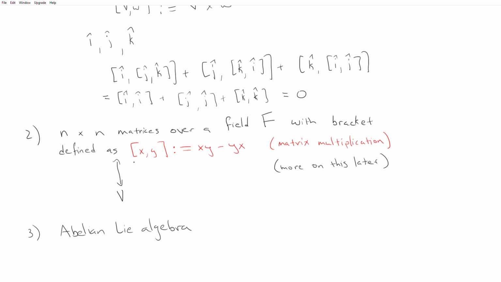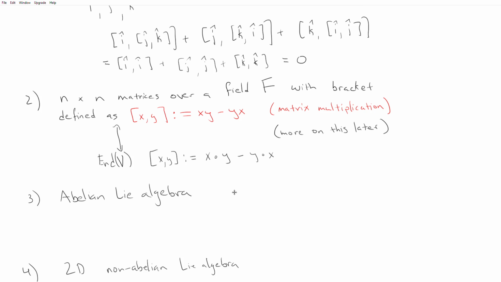And so equivalently, we can identify n by n matrices as elements of the endomorphism ring of the vector space, which would be all linear transformations on V, and similarly we define x bracket y in that space in terms of composition. So x composed with y minus y composed with x. And this, of course, is another endomorphism of V. All right, so that is another one.